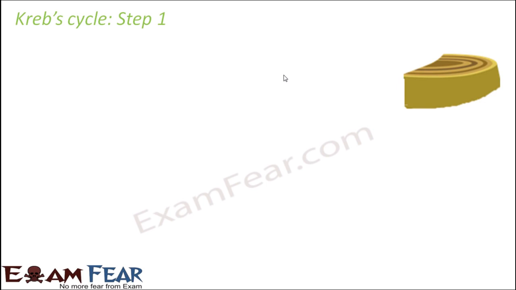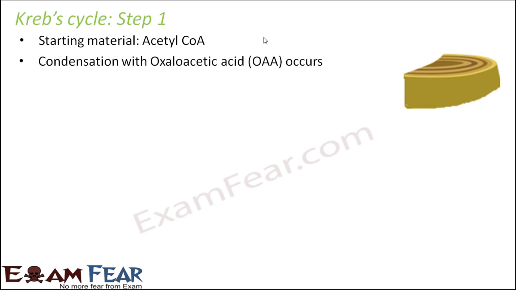Let us look at the first step of the Krebs cycle. What would be the starting material for Krebs cycle? The product of pyruvate oxidation, that is acetyl coenzyme A. This is going to be our starting material. What is going to happen here is condensation with oxaloacetic acid occurs.